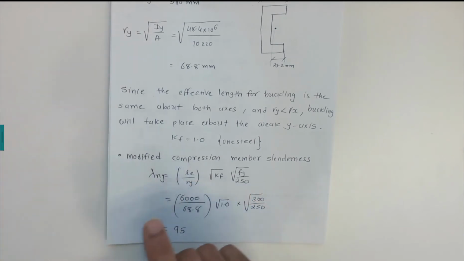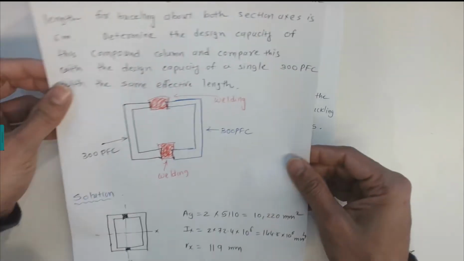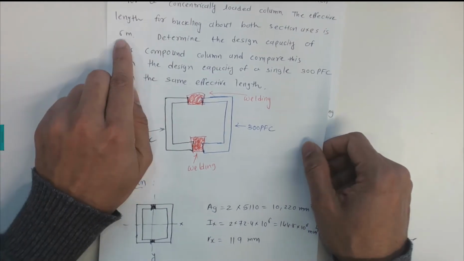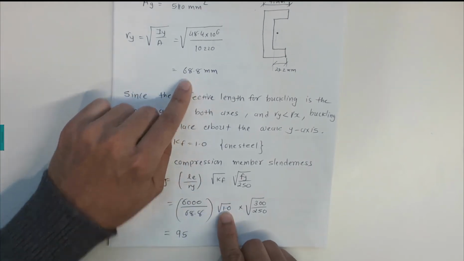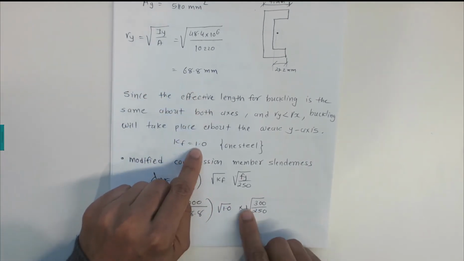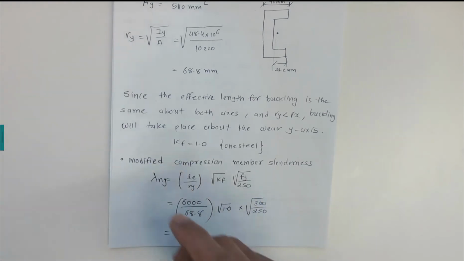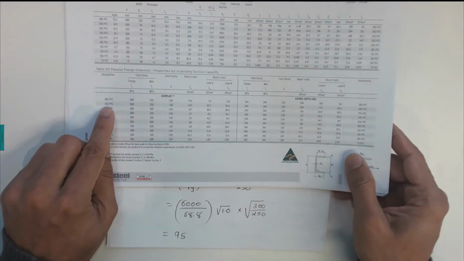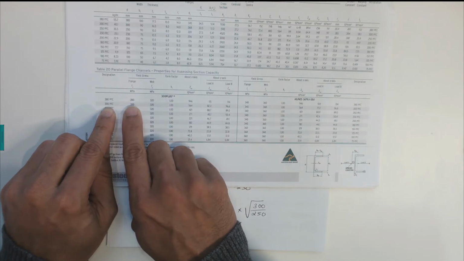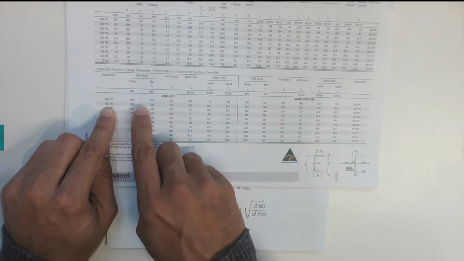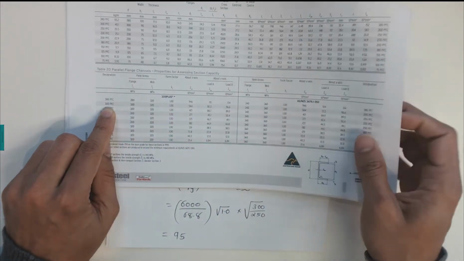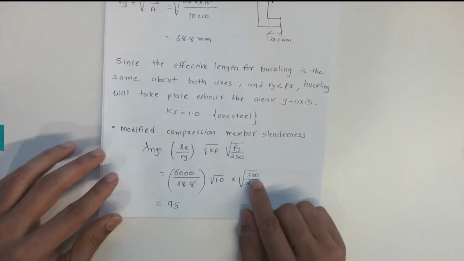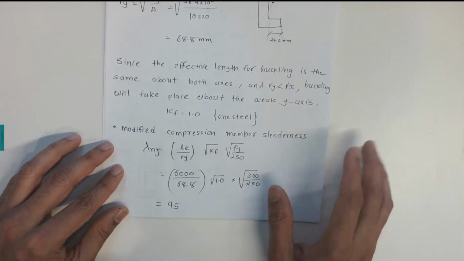The effective length is given in the question as 6 meters, so that is 6,000. ry we calculated as 68.8. The form factor we get from the OneSteel tables, times the yield strength. From the OneSteel table for 300 PFC, we have two yield strengths given, fy for the flange and fy for the web. We just take the minimum of 300 and 320, so 300 megapascals. That is 300 megapascals over 250, which gives 95.